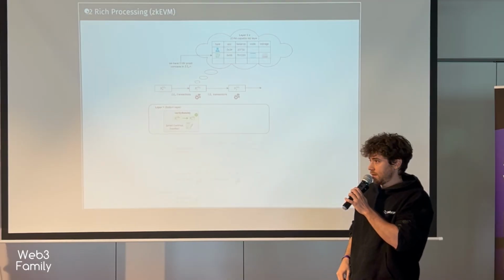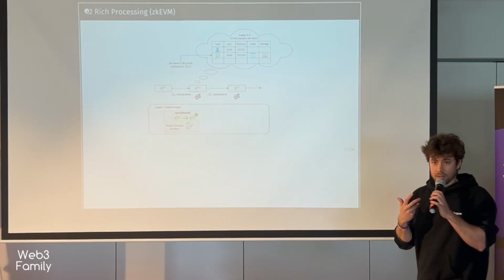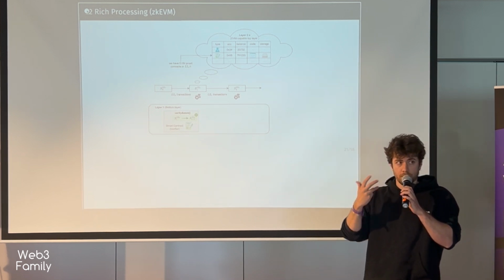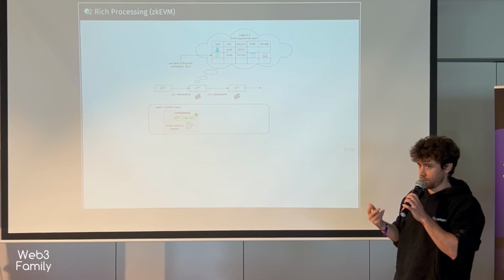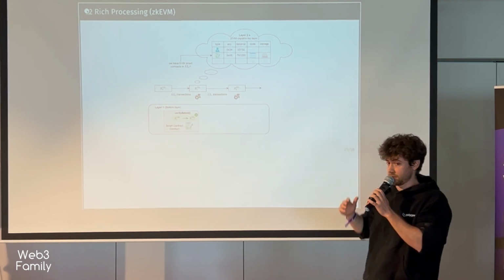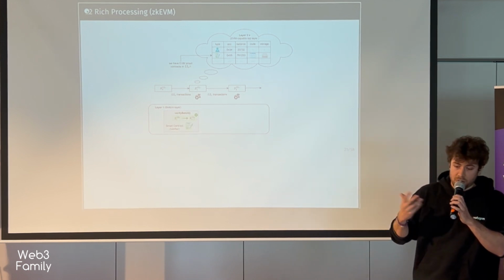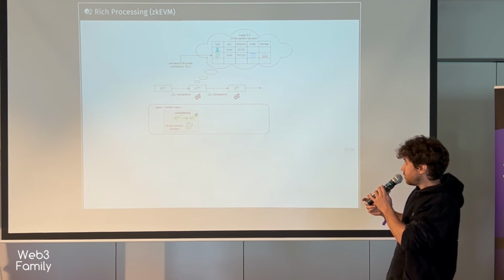There is a common approach of all the L2s, which is to be as compatible and as equivalent as possible with the EVM, the Ethereum virtual machine. And of course, this means rich processing, because the EVM can process code and a lot of stuff, not only transactions.